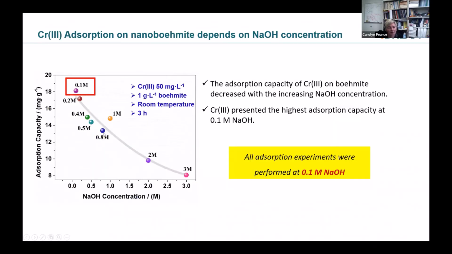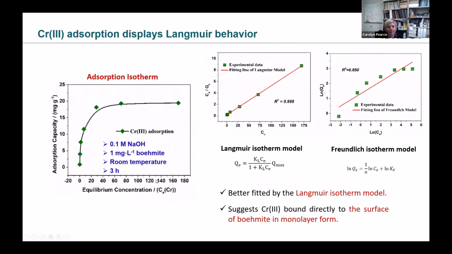Xin and the team then, with Wen, who is the PhD student working with Xin, went to look at uptake of chromium under these highly alkaline conditions, and you can see that it drops off with sodium hydroxide concentration, and so they started looking at a sodium hydroxide concentration of 0.1 molar. They wanted to look at the adsorption behavior, and were able to fit it with a Langmuir isotherm.